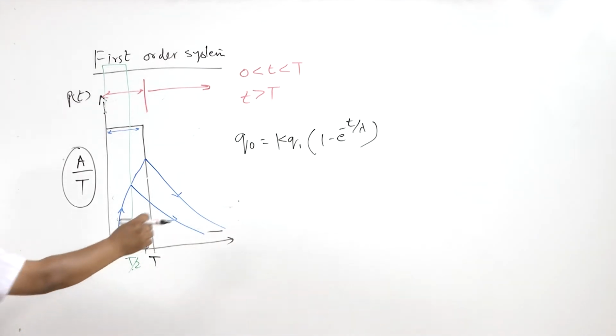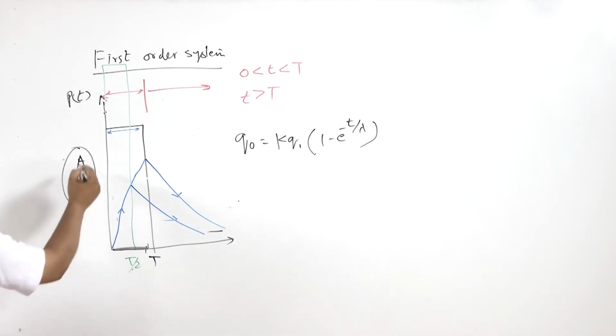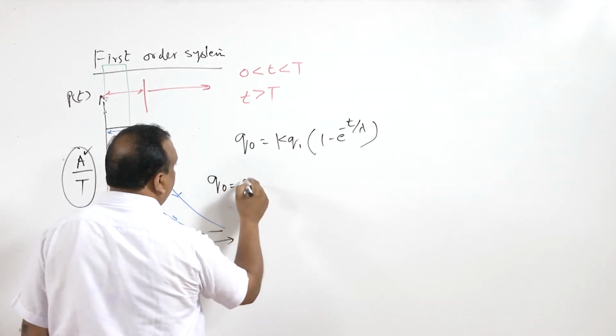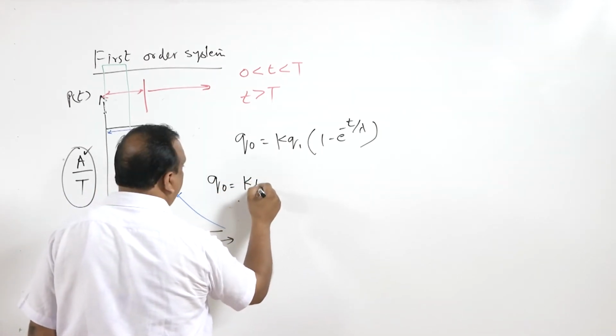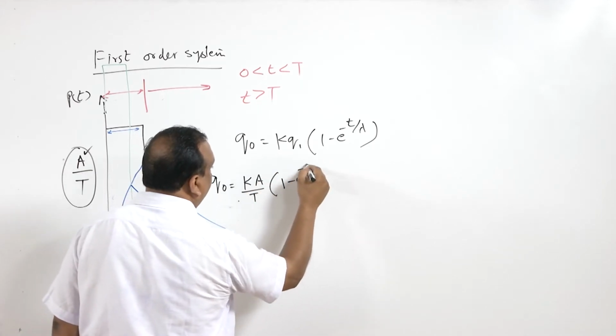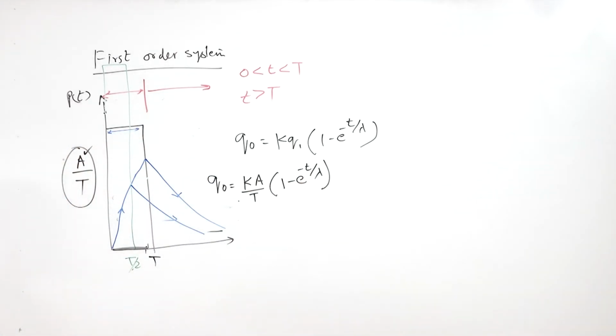Now, input qi, so here the qi we shall take as a by t. So, qi is going to be equal to k a by t (1 minus e raised to power minus t by lambda), right?